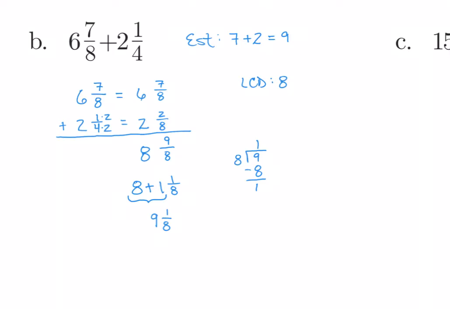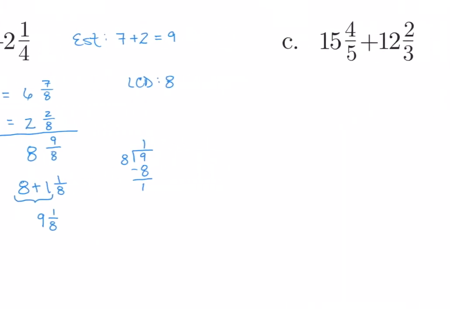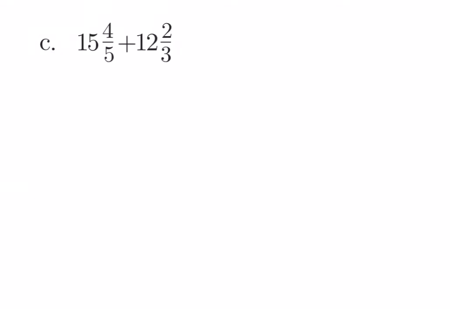All right, let's try one more like this, just to make sure that we have it. Let's look at example C. Starting off with our estimate. 4/5, is it larger than 1/2 or smaller than 1/2? This is larger, so I'm going to round up. So we're going to turn the 15 into a 16, and we drop our fraction.